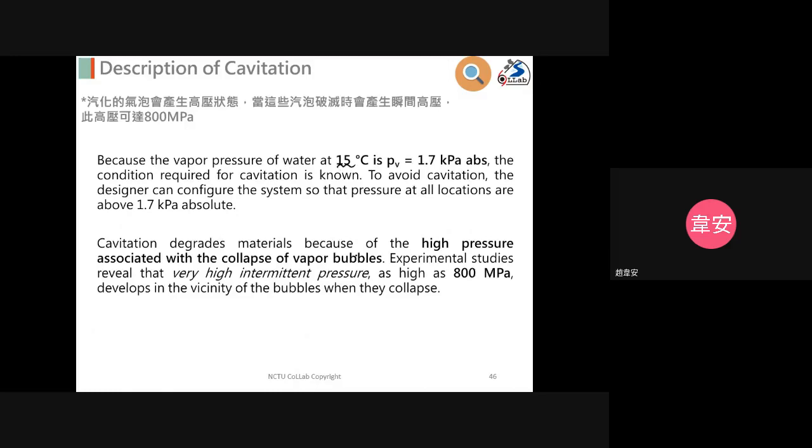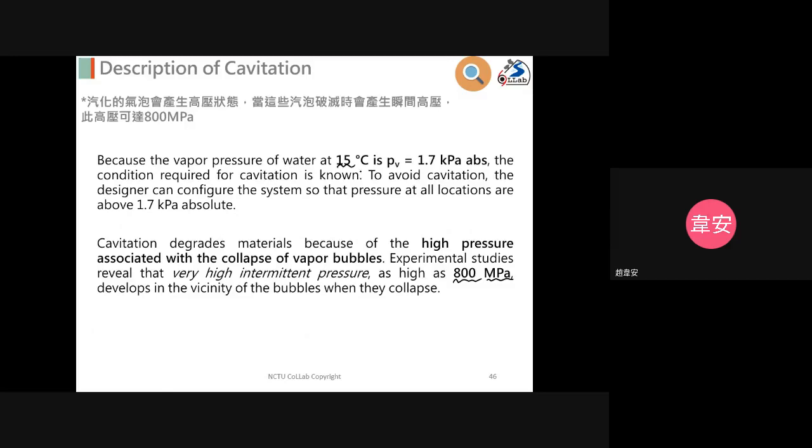Then you will have vapor bubbles, and the vapor bubbles will result in an instantaneous pressure that is very high, around 800 million pascals.